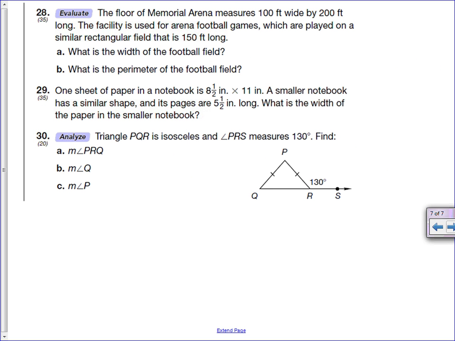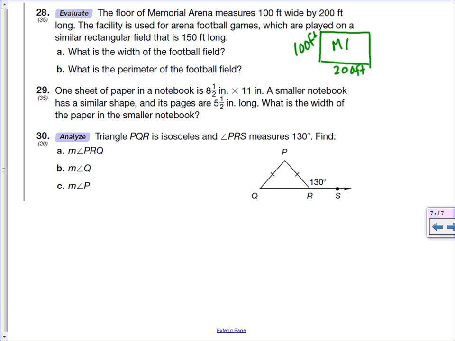The floor of Memorial Arena measures 100 feet wide by 200 feet long. The facility is used for arena football games, which are played on a similar rectangular field that is 150 feet long. What is the width of the football field? So our first rectangle is Memorial Arena, and it is 100 feet wide and 200 feet long.